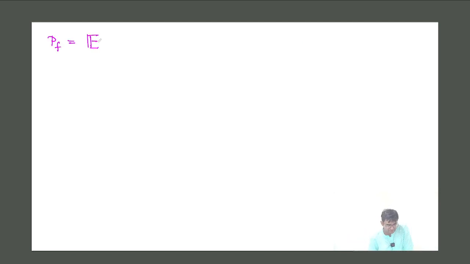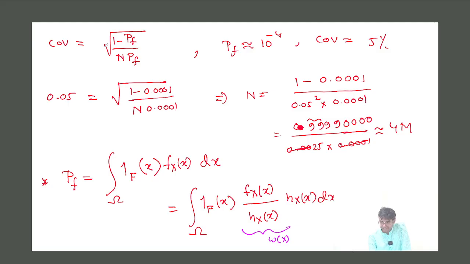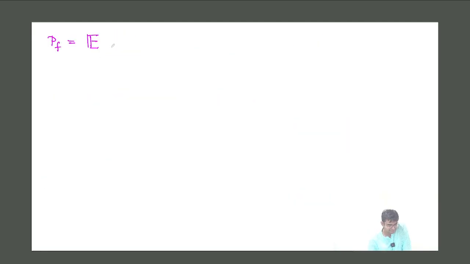So, this is expectation with respect to what? H. So, remember, I wrote f today, suddenly changing the notation because of this. Hx, I or indicator function f x w x, right.